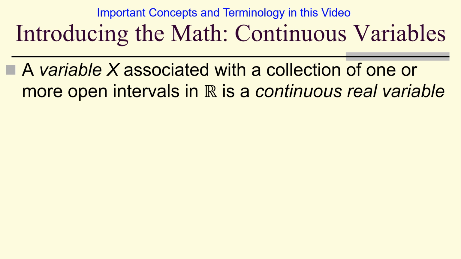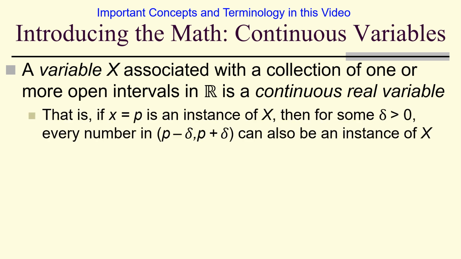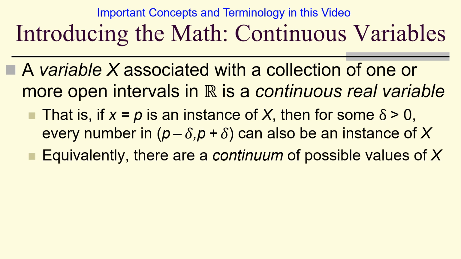Now, a variable x that's associated with a collection of one or more open intervals in R is called a continuous real variable. That is, if little x equals p is an instance of the variable capital X, then for some delta greater than 0, every number in the open interval p minus delta, p plus delta is also a possible instance of x.